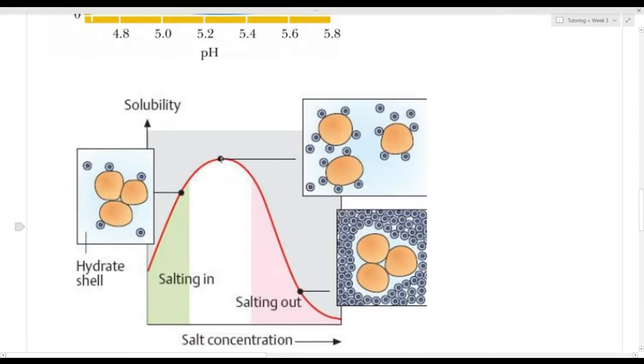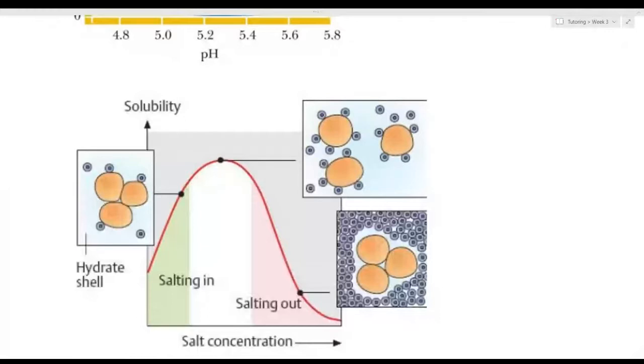When you reach that peak at the top, each of the three protein molecules is surrounded by its own couple pieces of salt that are interacting with them and keeping them away from the other proteins. Salting out is when you have so much salt that it's all stuck interacting with itself and leaves the protein on its own.